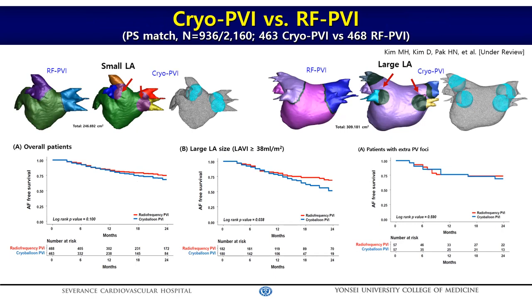This study compared the RF and cryo with propensity score matching in over 2,100 patients. And how does cryo versus RF PVI differ? We have reported a similar rhythm outcome between cryo PVI versus hypershort duration RF PVI. However, in patients with large LA volume index, cryo PVI showed a worse rhythm outcome than RF PVI, especially in patients without extra PV triggers.